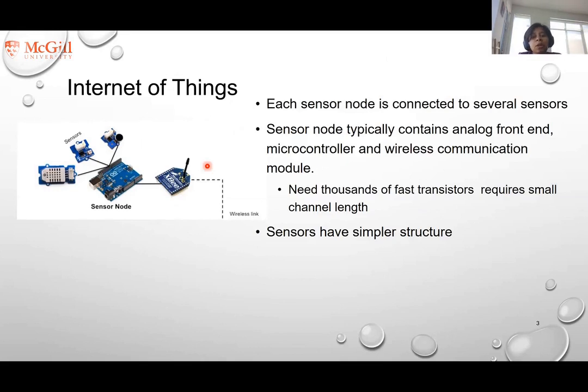When we talk about the Internet of Things, the main core is the sensor node, which has to be deployed in many locations. The sensor node consists of multiple sensors, and apart from the sensors there is other electronics. For example, there is an analog front end that reads the data from the multiple sensors. There has to be a microcontroller that gets the data from the analog front end and does some processing on it.